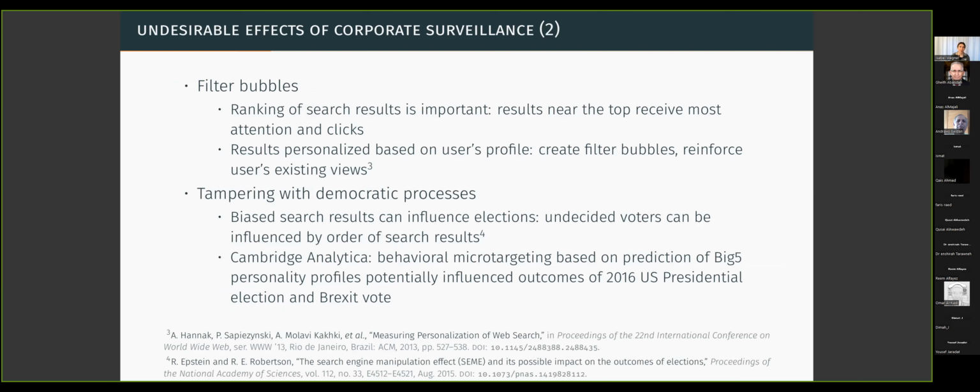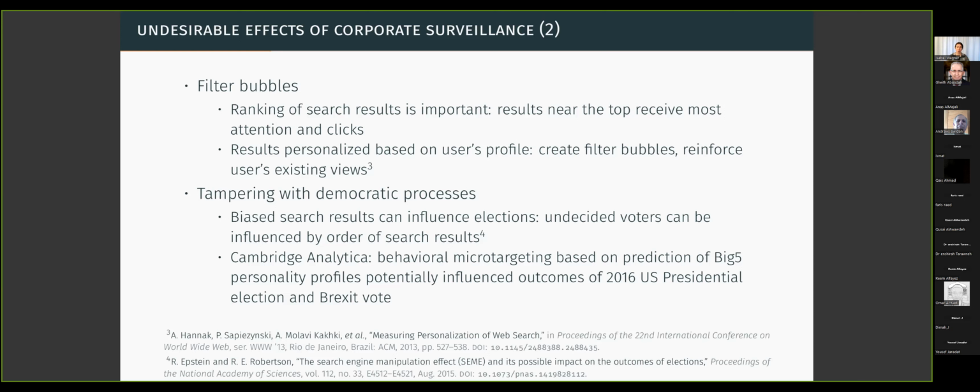Another set of undesirable effects concerns essentially the democratic processes in countries. So one effect that researchers have observed is that corporate surveillance can help create and reinforce filter bubbles, where basically, let's say, users get search results from a search engine, and those search results are personalized.